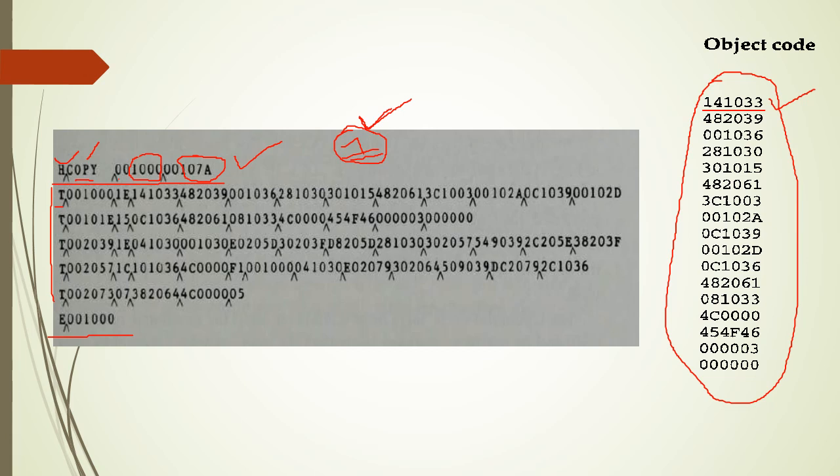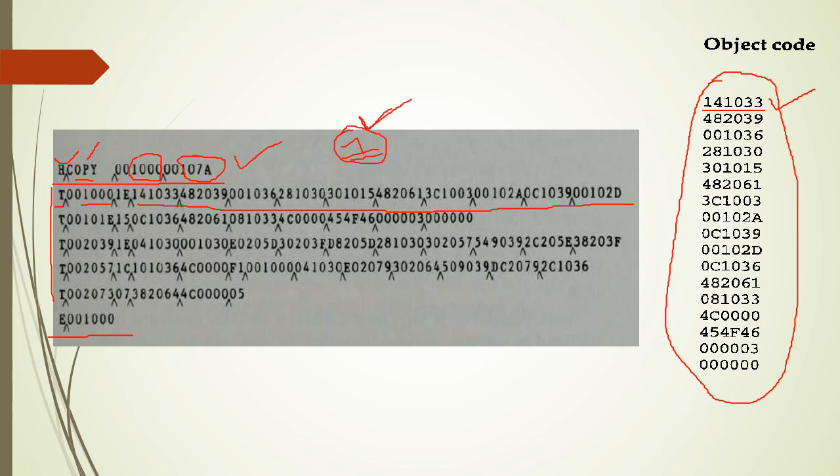So what is the starting address? The starting address is 1000. And the last field, column number 10 to 69, is reserved for the actual object code.